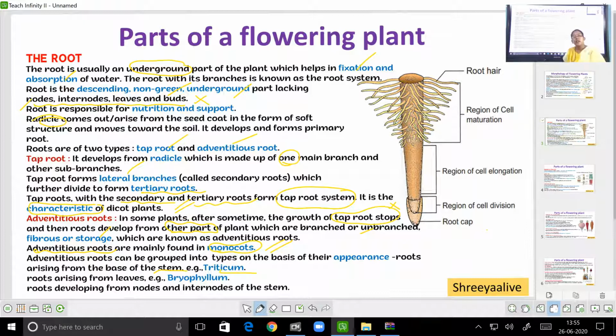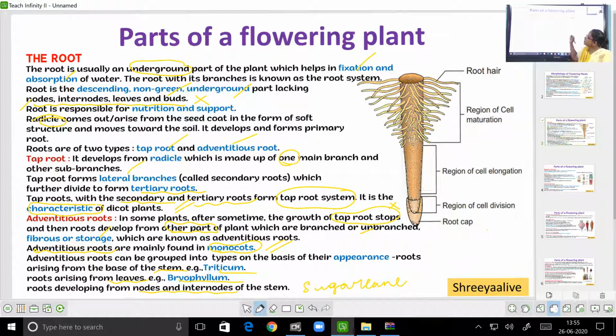They can arise from the leaves, for example Bryophyllum. They can even arise or develop from the nodes and internodes of the stem, for example sugar cane. The ones which arise from the nodes and internodes of the stem.